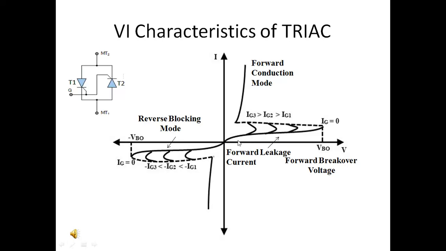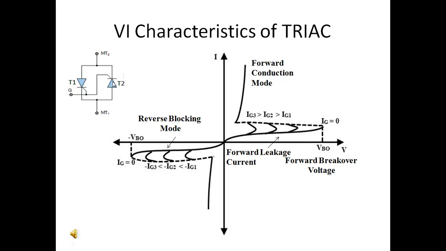Similarly, in the case when MT1 is negative and MT2 is positive, at that particular case T1 will be in reverse bias and T2 will be in forward bias.